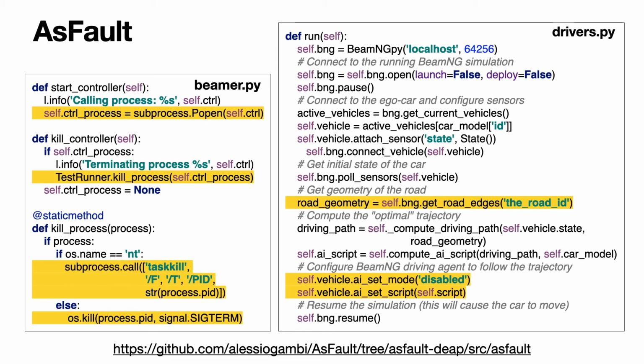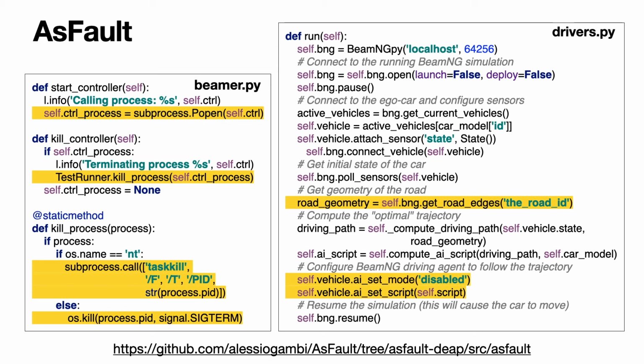In this case, the details are not here because they are a bit too complex to fit in one slide. But what you can do is compute a driving path and then the so-called AI script. So the AI script, as we will see later, is this trajectory. Once you have this trajectory, a list of points that must be reached in time, you can pass it to the BeamNG AI, using the usual self.vehicle.ai.set_something.